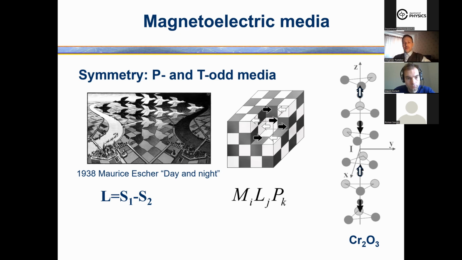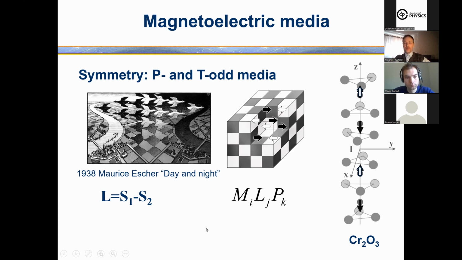And it is also odd in terms of spatial inversion symmetry, because when we interchange these ions, the terms in this sum also interchange, and the sign of the sum reverses. So L has a mixed nature. It's a polar vector and at the same time an axial vector.